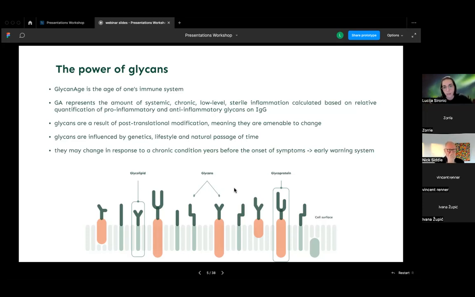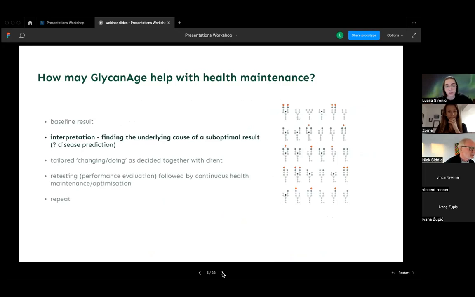What's exciting about this measurement of inflammation is that with glycans, we're able to capture if things are changing for the worse much earlier than when clinical symptoms become evident. If we capture that with GlycanAge, we can do things in time rather than when it is too late. So we can use GlycanAge and our glycan markers as an early warning system of things going the wrong way.